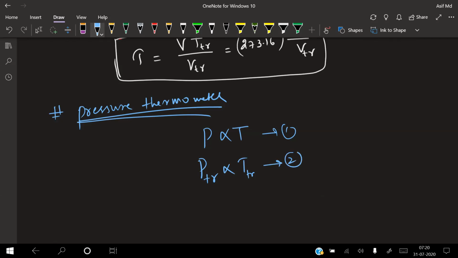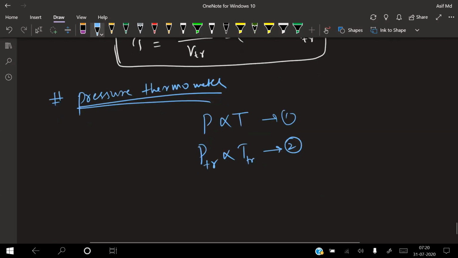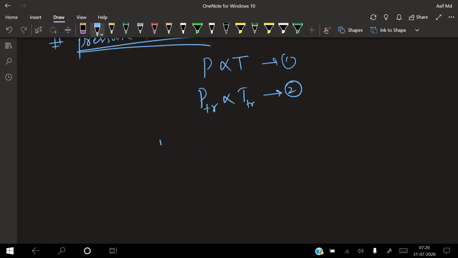That is my equation number 2. Now if I divide both of them, T by temperature at the triple point is equal to P by pressure at the triple point. That means from this I can write T is equal to 273.16 into pressure P by pressure at the triple point.